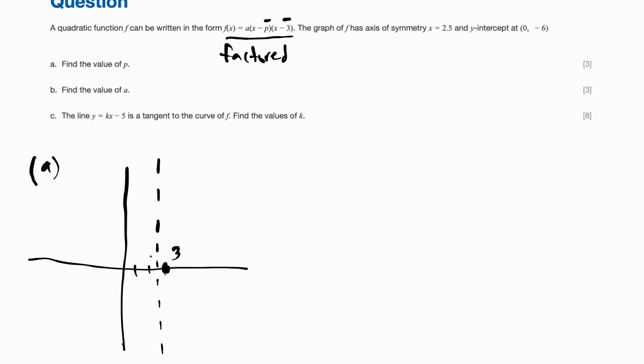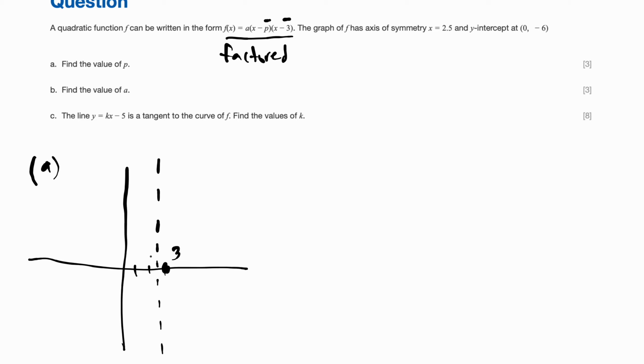This is important because we can just plug this coordinate into this equation and solve for the value of a. So negative 6 is equal to a times negative 2 times negative 3. So a is equal to negative 1. That's our value for a.